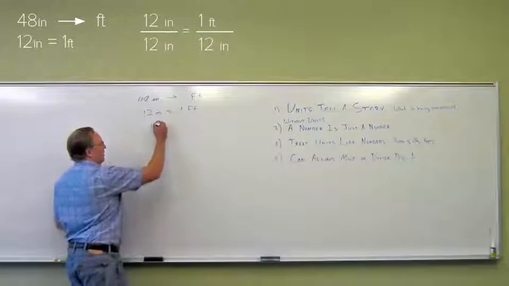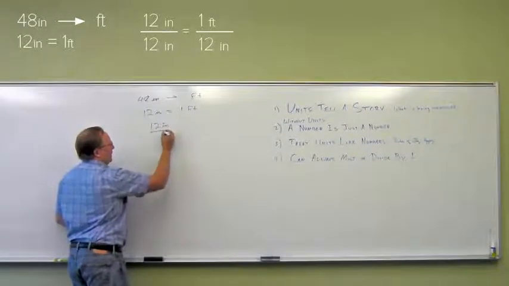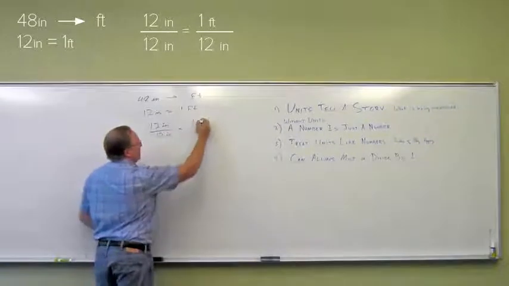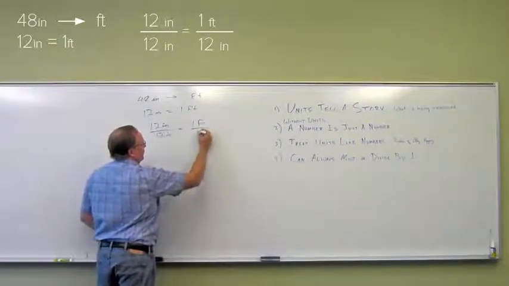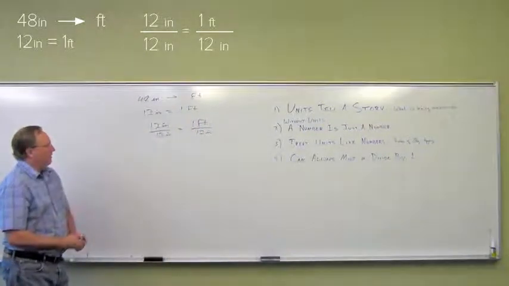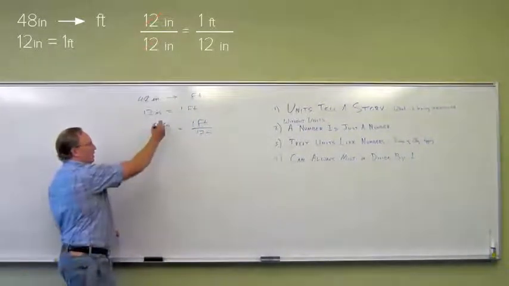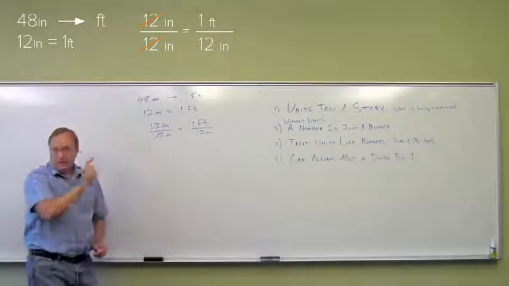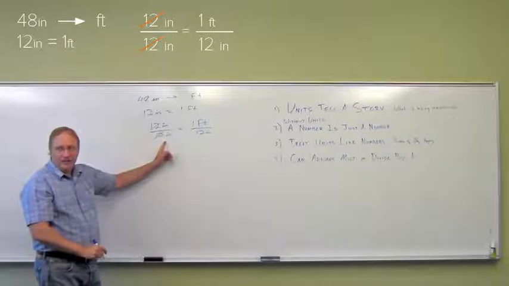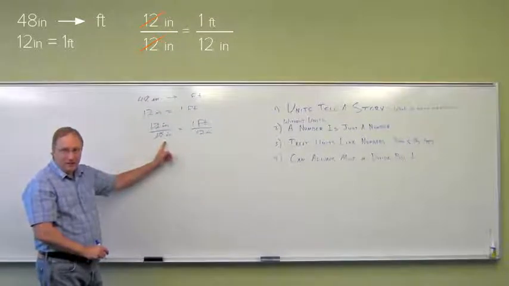Well, let's just do that. 12 inches divided by 12 inches equals 1 foot over 12 inches, and there it is. So 12 over 12, that's 1. Anything over itself is equal to 1, to unity.